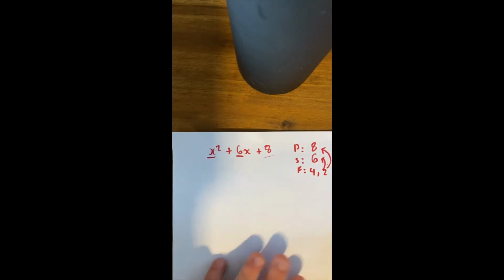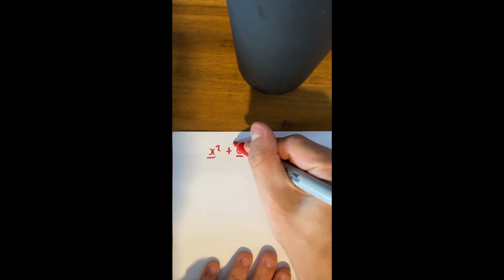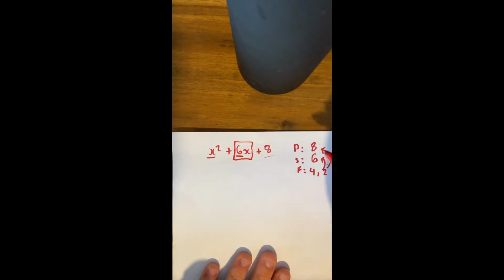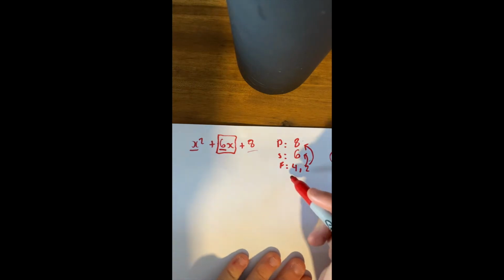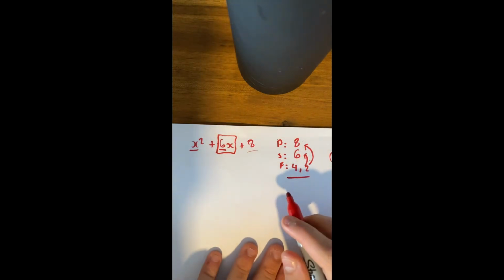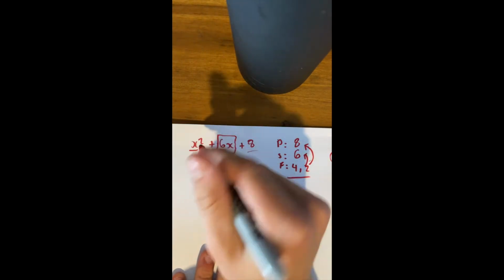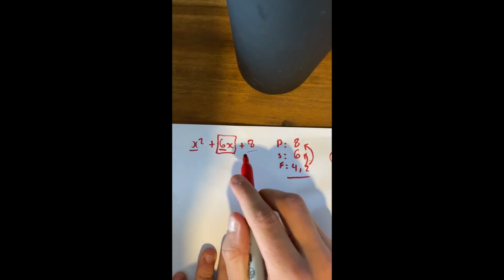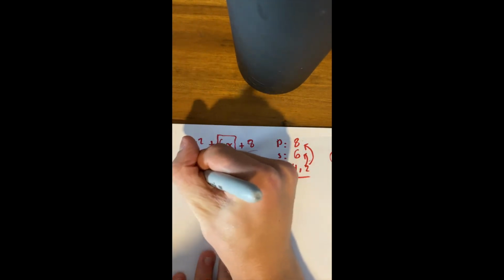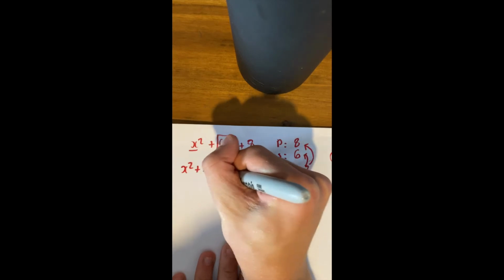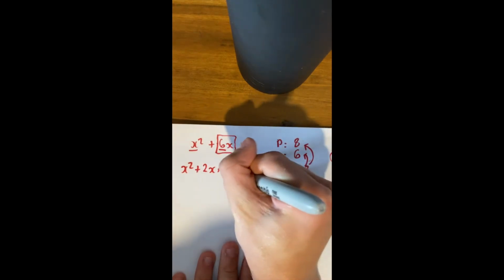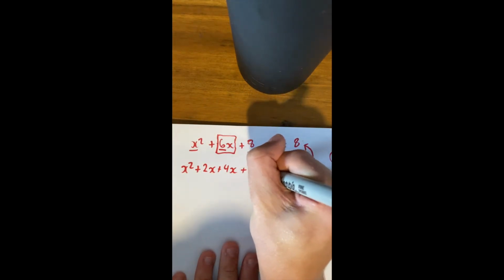So with this, we now separate this middle term according to the factors we just found. What I mean by this is x squared plus 6x plus 8 will become x squared plus 2x plus 4x plus 8.